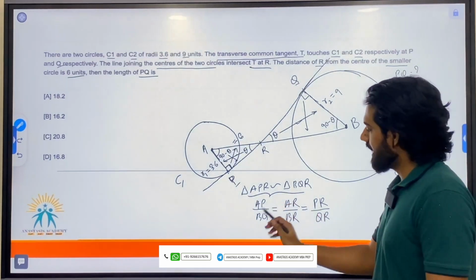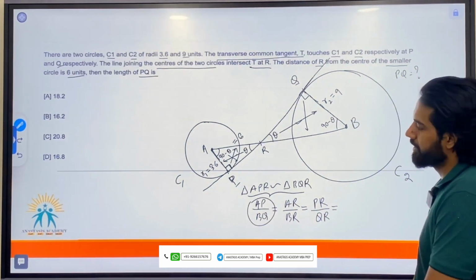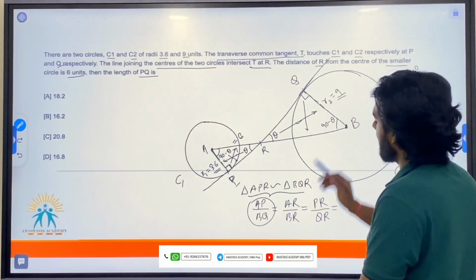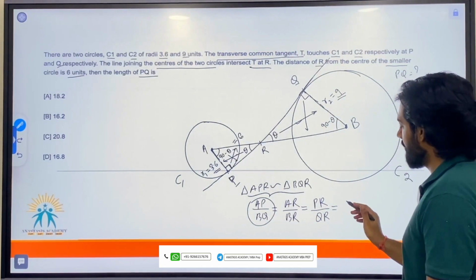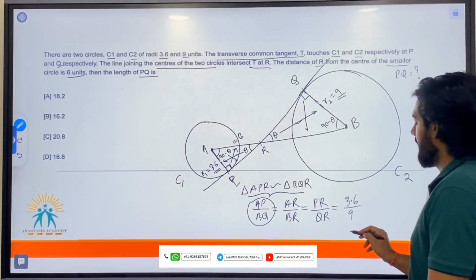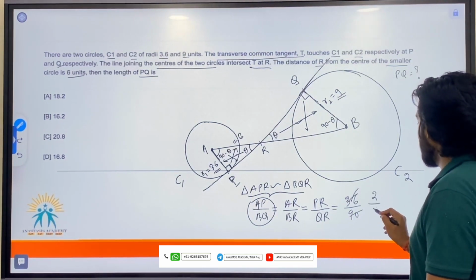Now these lengths are known. AP upon BQ. AP is given as 3.6 and BQ is given as 9. So we can say the ratio of these corresponding sides would be 3.6 upon 9, which is equal to 18 twos and 18 fives.